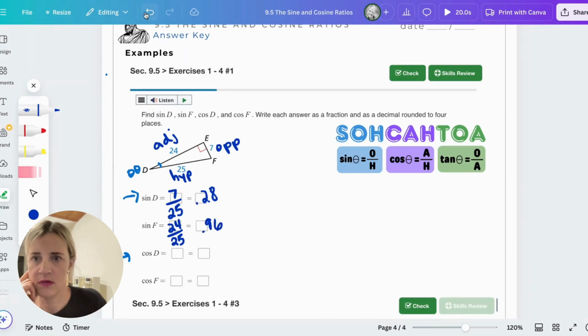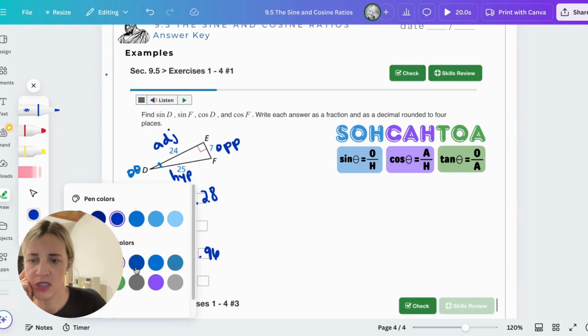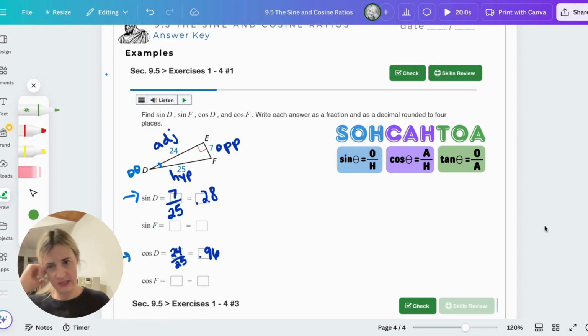Oops, I put that in the wrong spot, didn't I? 24 over 25 and 0.96. I'm going to change colors so that I don't overlap here. Okay, that's for angle D.